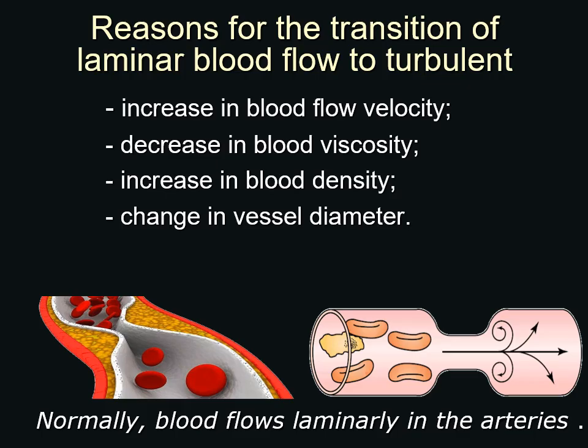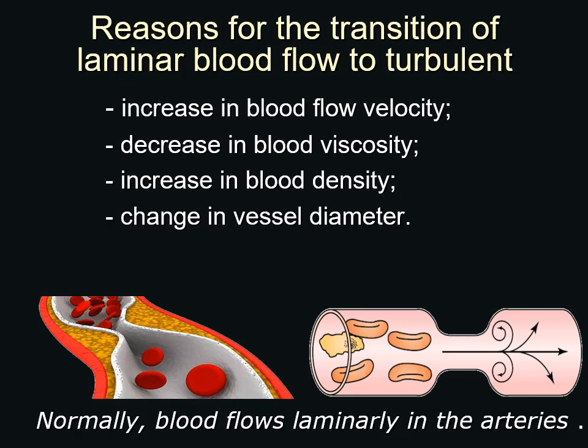The transition of laminar blood flow to turbulent has many different factors and reasons. First of all, it is an increase in the speed of blood flow. That is, with excitement and stress, or significant physical exertion, the speed of blood flow increases.